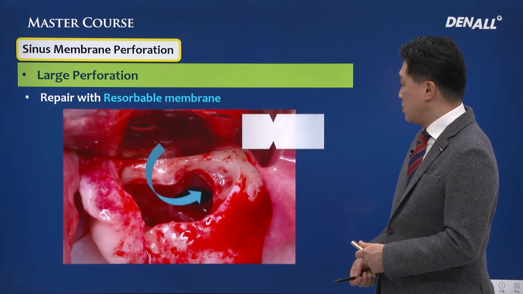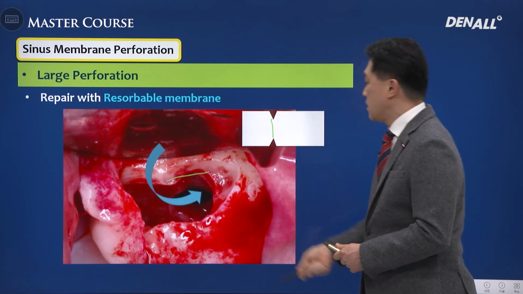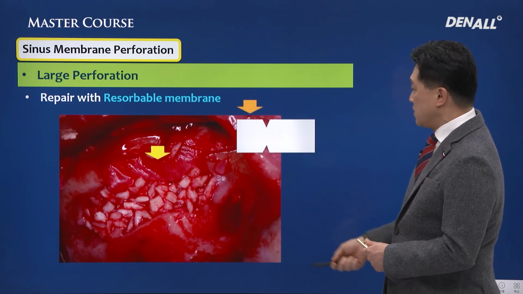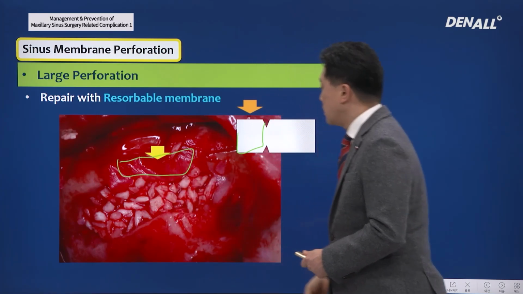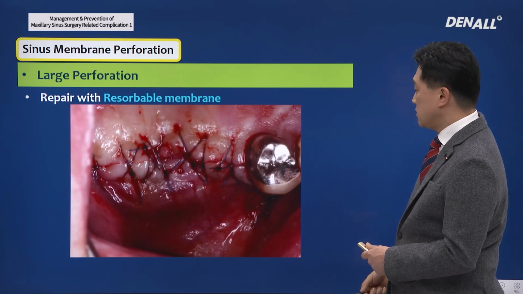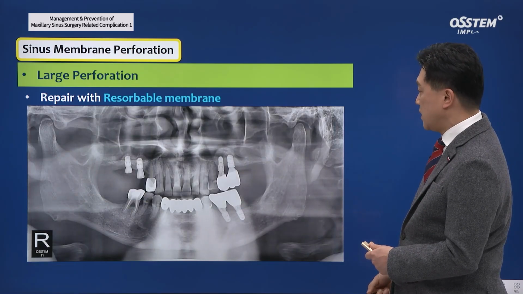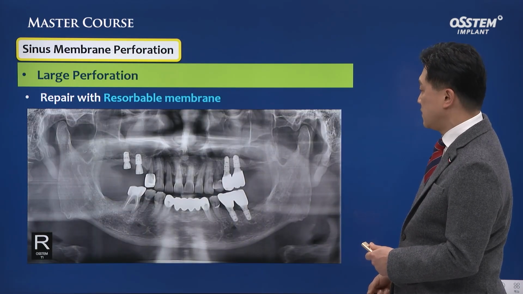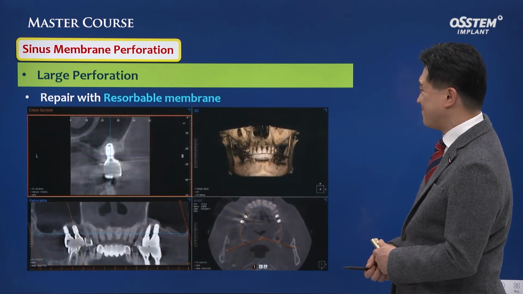This is how it is. It goes in like this, and this area is positioned over here. And here, it comes out like this. This was how surgery was closed.